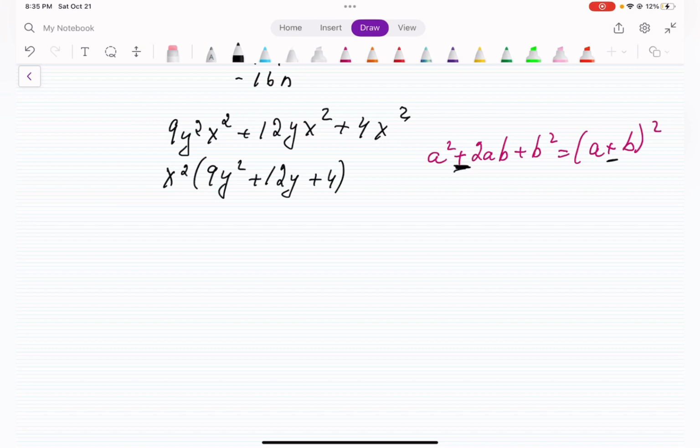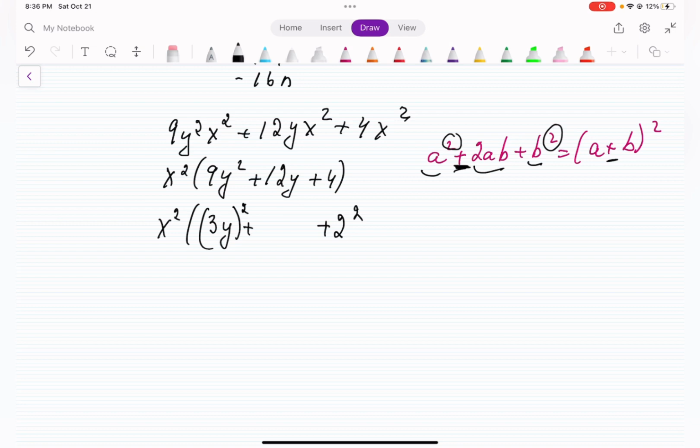Okay, so x squared is going to stay there. 9y squared is like a to power 2, right? It's going to be (3y) to power 2. Here, this 4 is going to be my b to power 2, which is 2 to power 2.